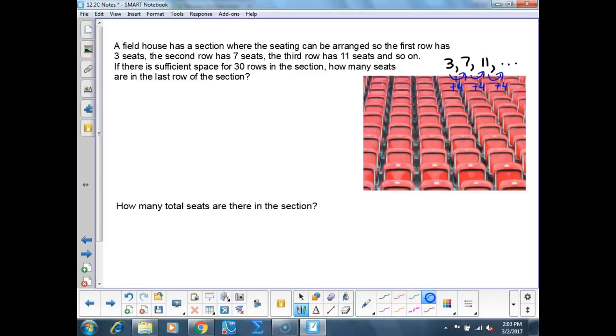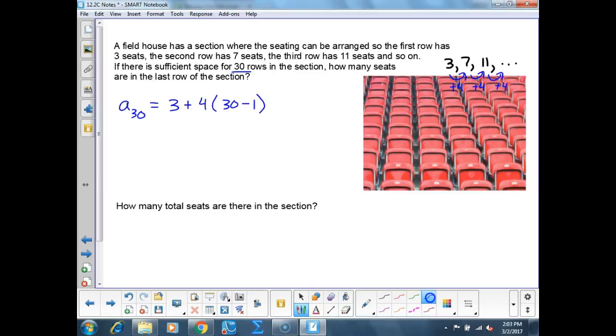How many seats are in the last row of the section? We've got 30 rows, so we're looking for the 30th term in that sequence. The first term is 3, the common difference is 4, and the number of rows in that section is 30.